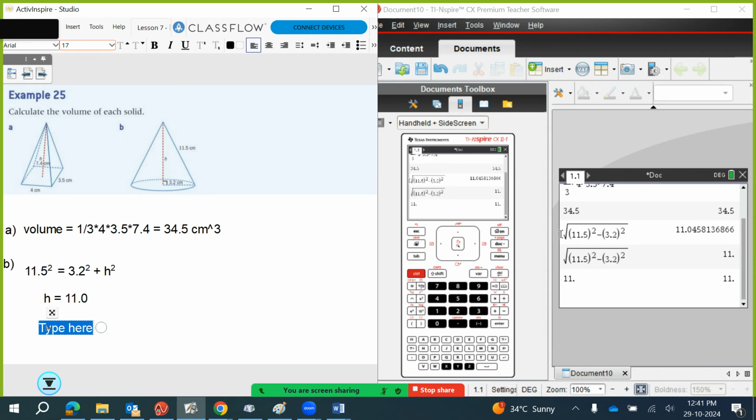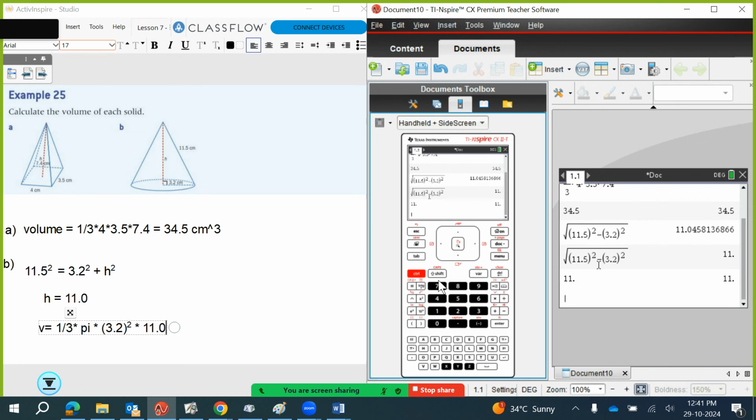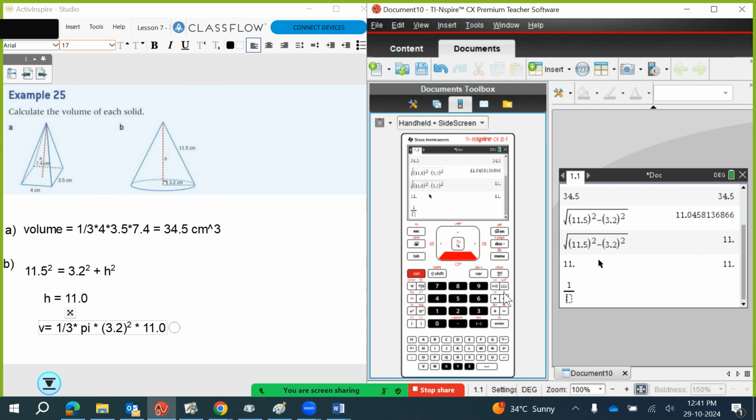And then what is the volume? So the volume was 1/3 times pi times r squared. So r was 3.2 squared times, and what was the height? 11.0. So let's take this on the calculator now. 1/3 times pi.